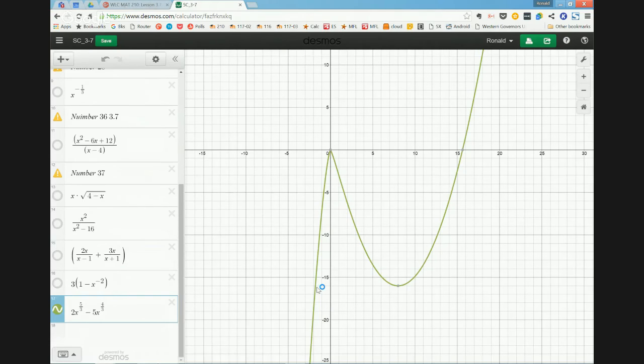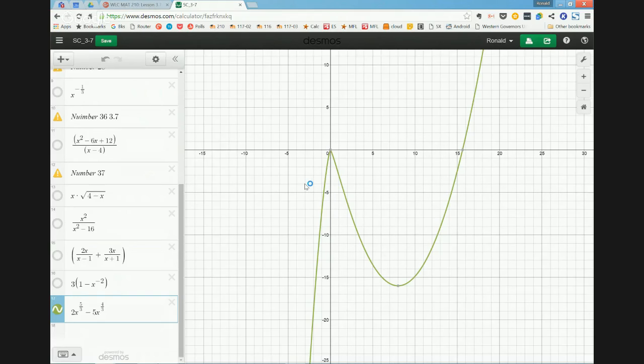And you can see pretty much came true just like we said. It has the intercepts at 0 and at 16. Here's that point at 8 where it reached a min. Can you get any idea why this is undefined here? You notice how pointy this is?